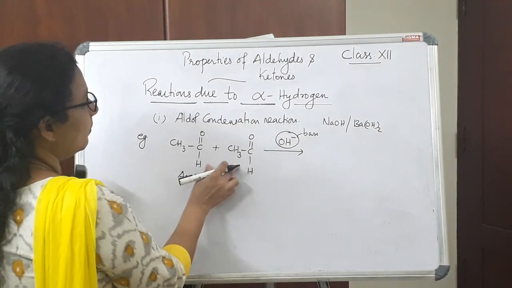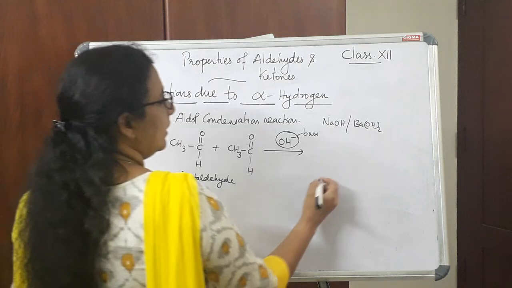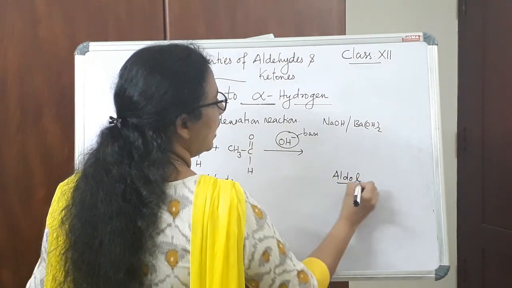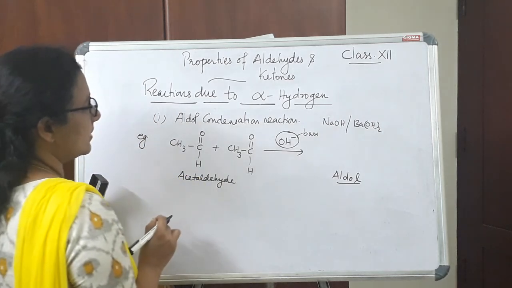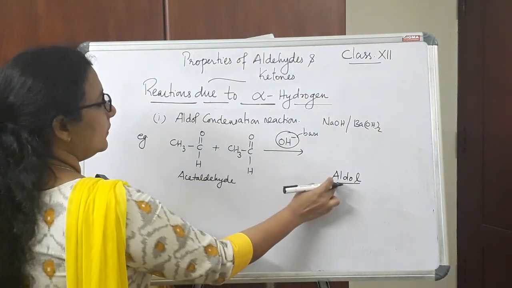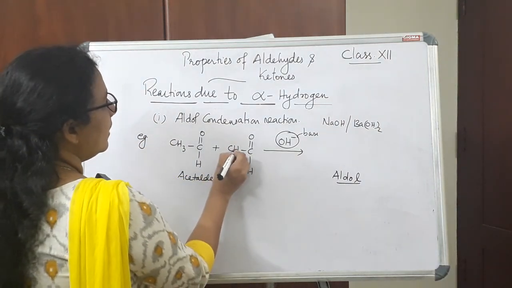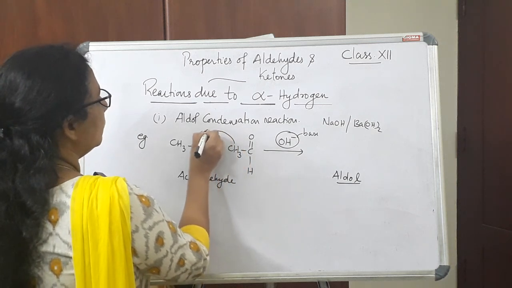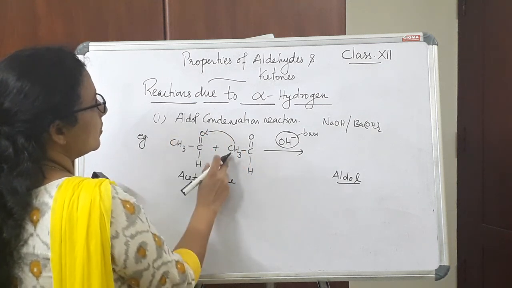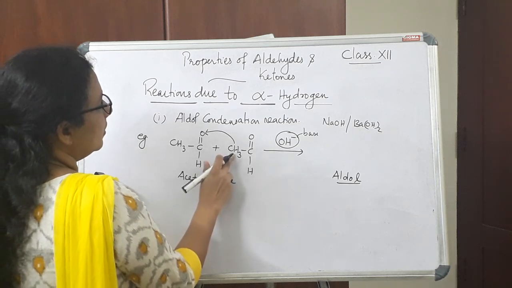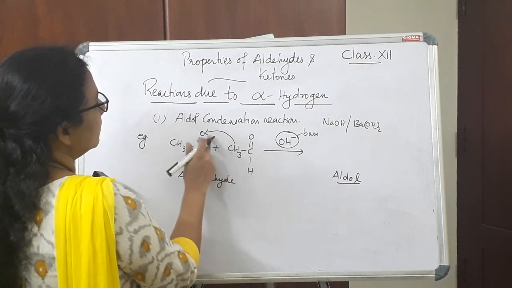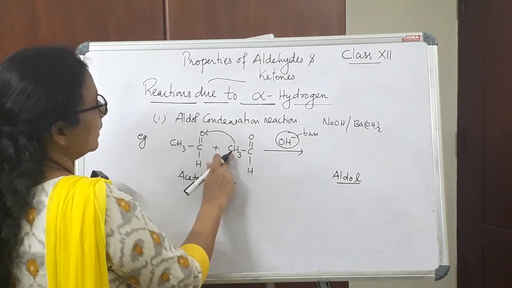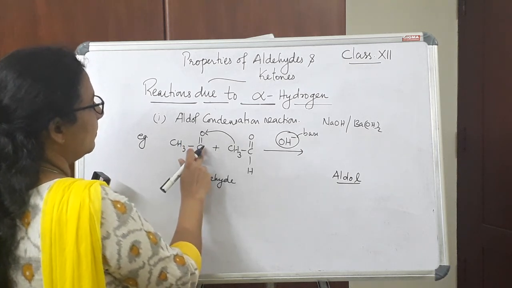Acetaldehyde molecules are taken, and in the first step we will get an aldol as the product. So aldol will be formed at first. For the formation of aldol, one alpha hydrogen atom from the second molecule moves towards this oxygen, and the rest of the part will be attached to this carbon.